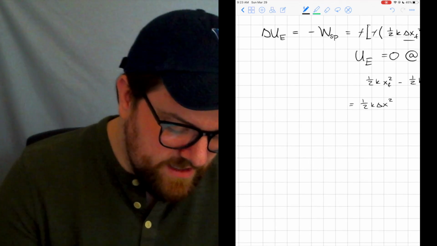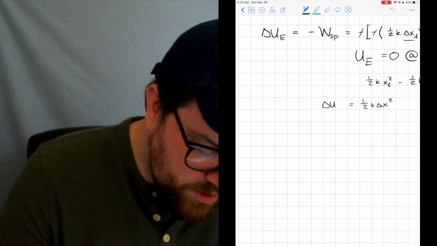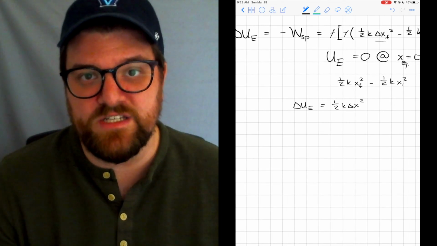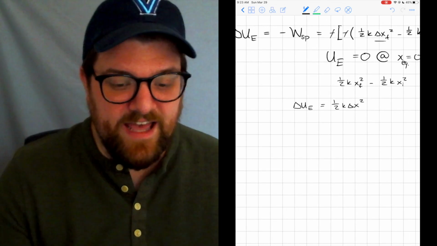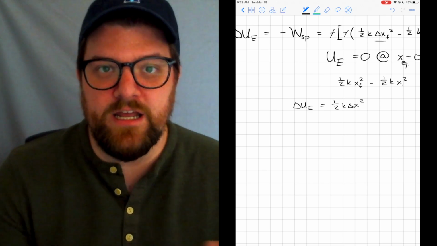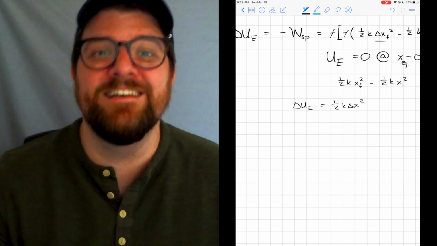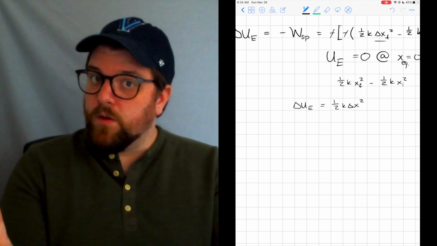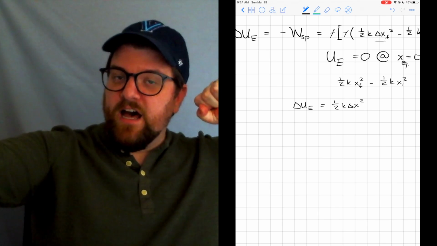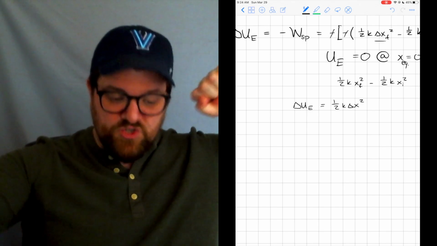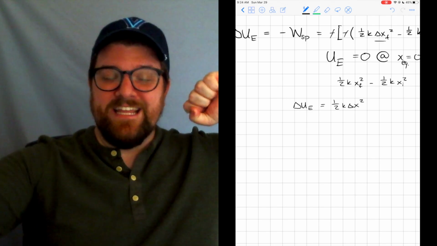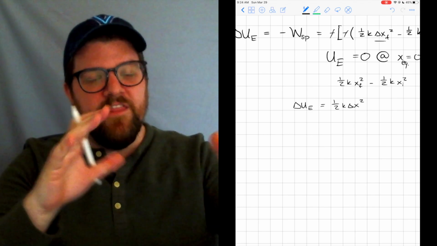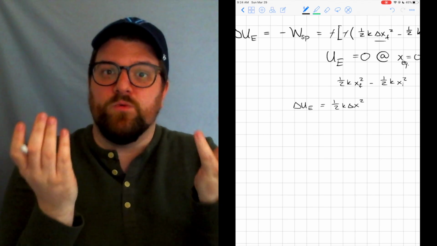But this is it: the change in our elastic potential energy is equal to 1/2 k delta x squared, where delta x is that change in displacement past our equilibrium. So if I compress it, I store potential energy. If I extend it, I store potential energy. In either scenario, I have more potential energy than if I were just at equilibrium.